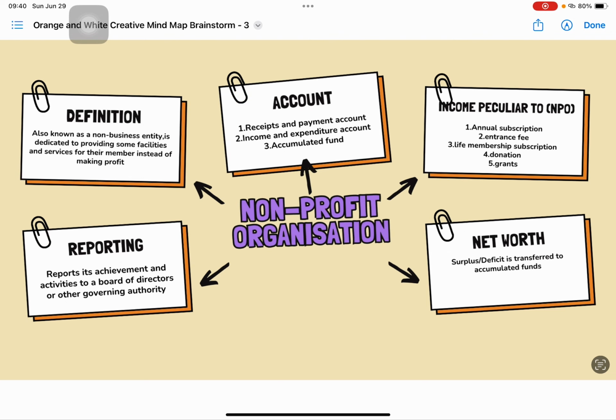And lastly, we get to the end, which is the non-profit organisation. What is a non-profit organisation? For the definition, it is also known as a non-business entity dedicated to providing some facilities and services for its members instead of making profit. We have differences between profit and non-profit.